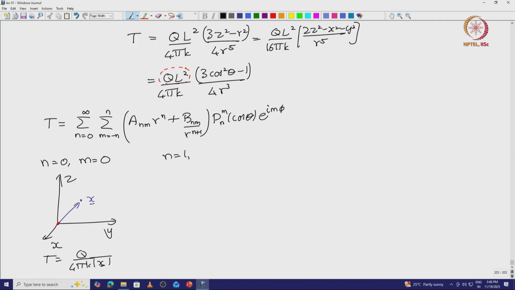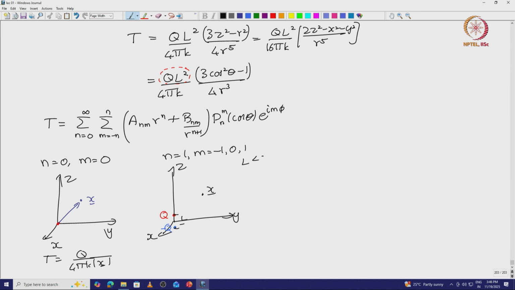For n is equal to 1, m is equal to minus 1, 0, 1, the solution corresponded to a point source q and a point sink minus q, separated by distance L, which is small compared to x.